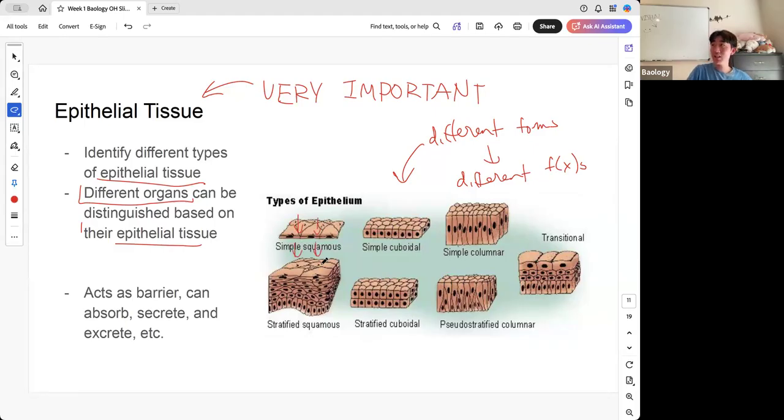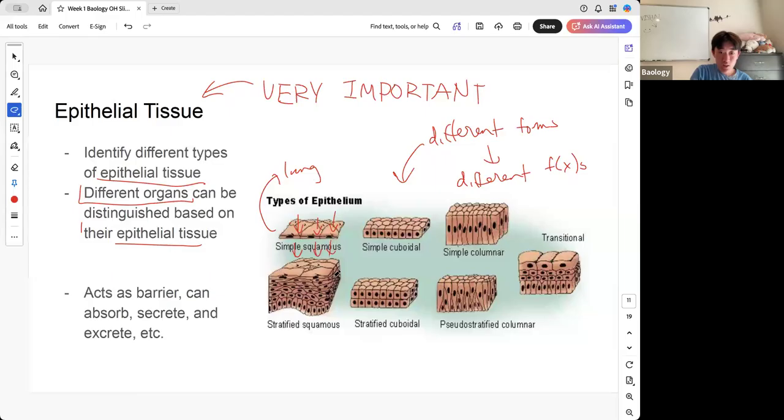So it's good for barriers like the lungs, where you need gas diffusion, because they need to release CO2 and take in oxygen.